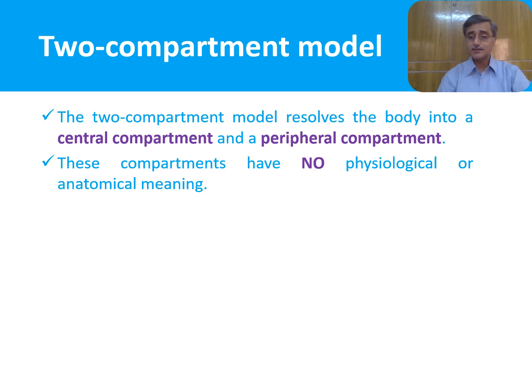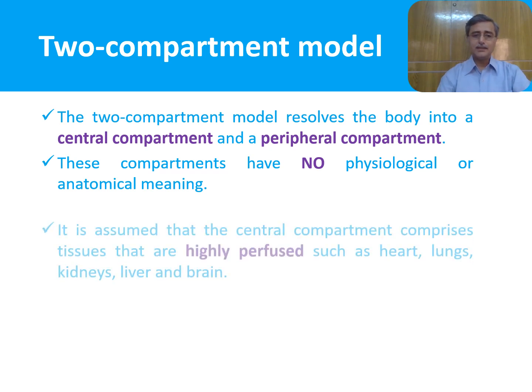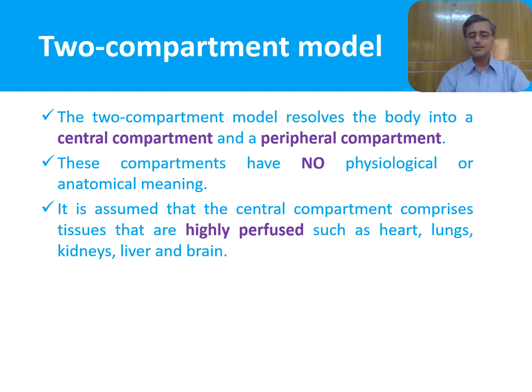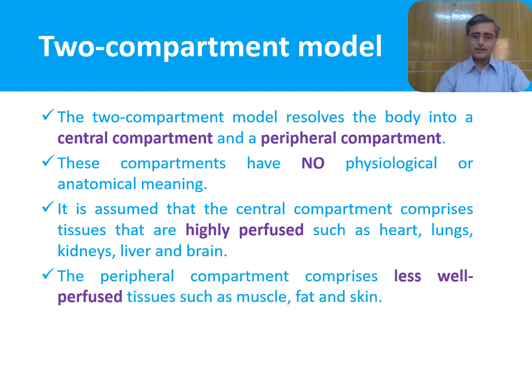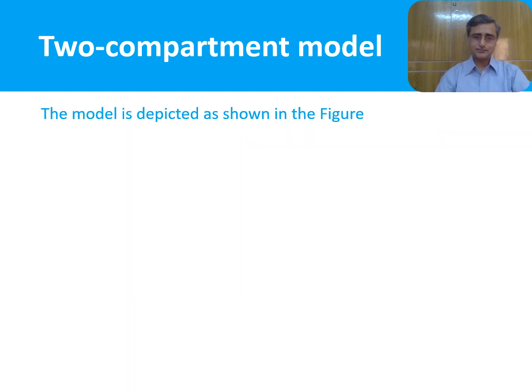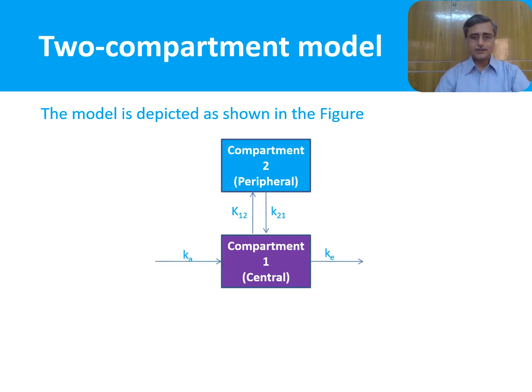They are just imaginary. It is assumed that the central compartment comprises tissues that are highly perfused, such as the heart, lungs, kidneys, liver, and the brain. The peripheral compartment comprises the less perfused organs, such as muscle, fat, and skin. This two-compartment model is depicted as shown in this figure.